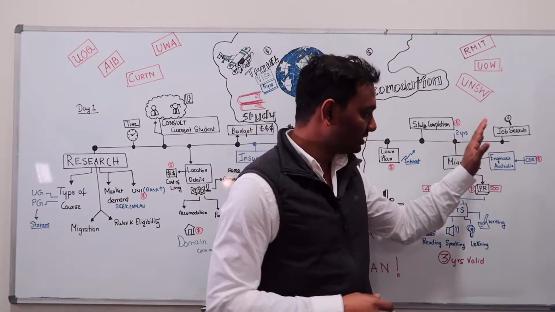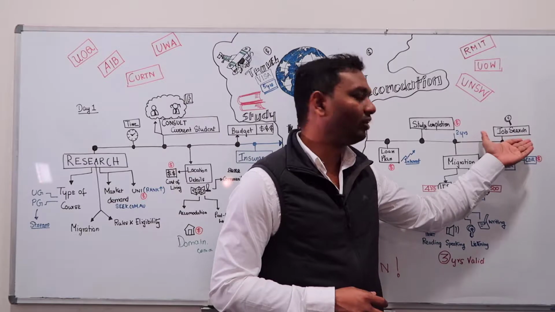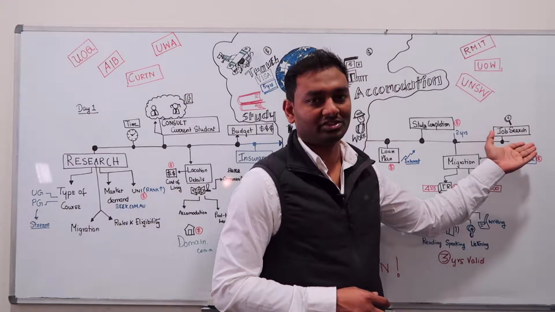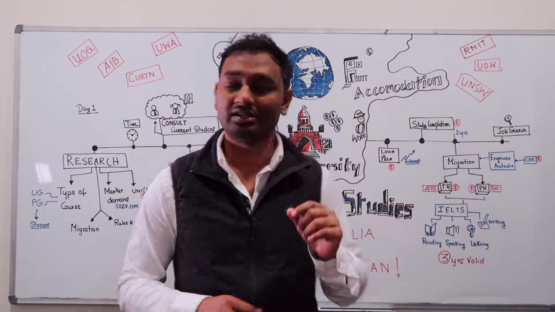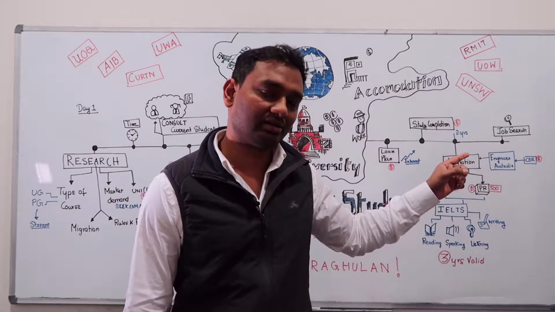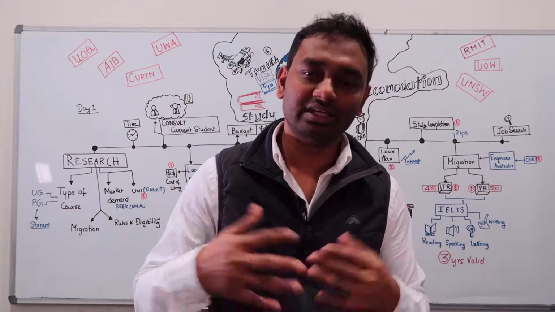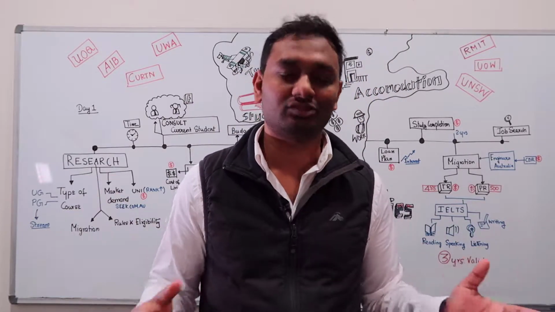Once this process is done and you have your permanent or temporary residency, you can go to the job market and get a professional job. Now remember, as I said in the research, you have to make sure that you choose a course which has demand. I see a lot of people who come for, let's say, gaming, where the industry doesn't exist in Australia.